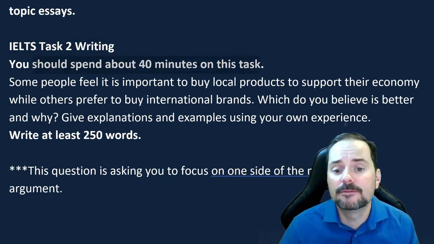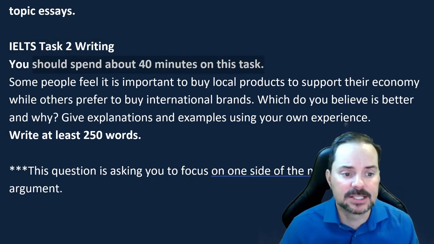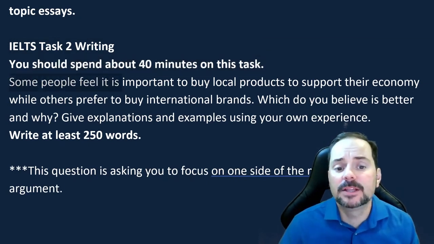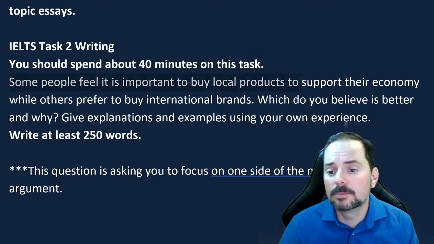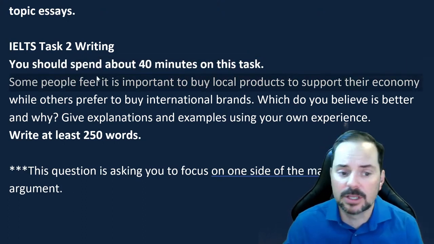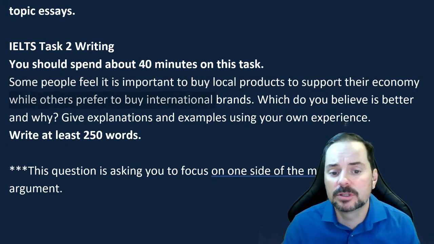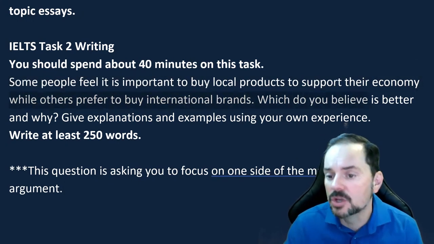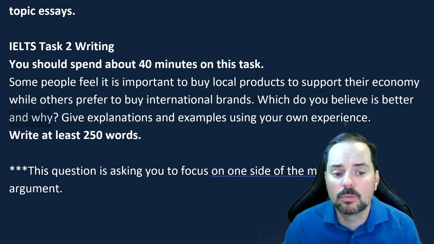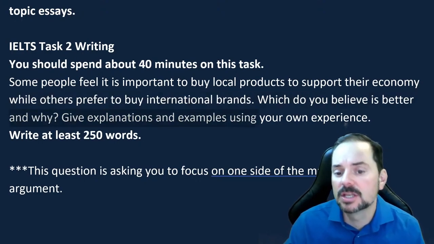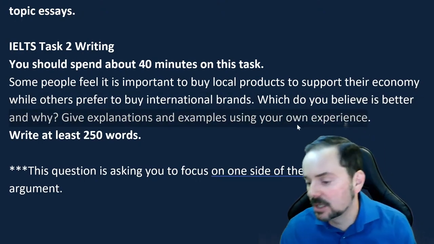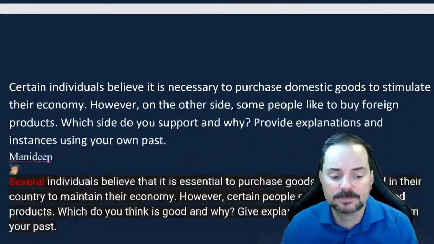You should spend about 40 minutes on this task. Some people feel it is important to buy local products to support their economy, while others prefer to buy international brands. Which do you believe is better and why? Give explanations and examples using your own experience.